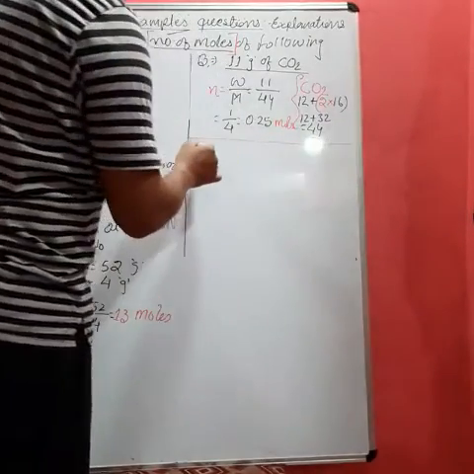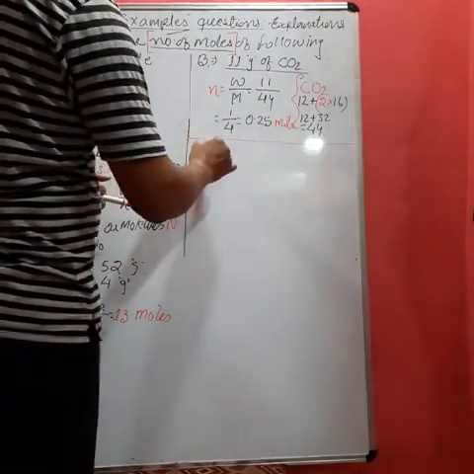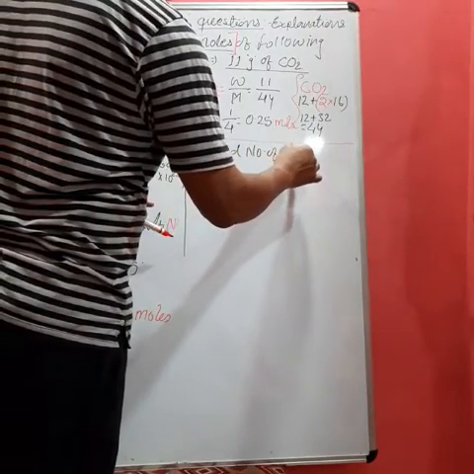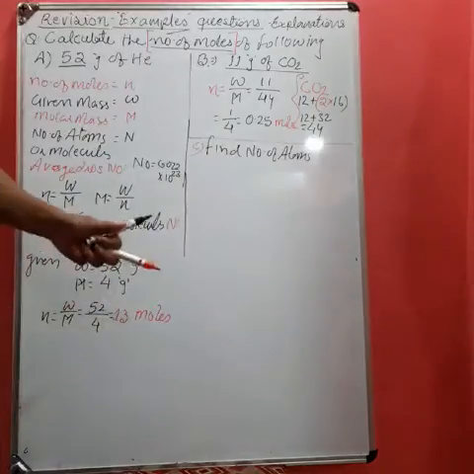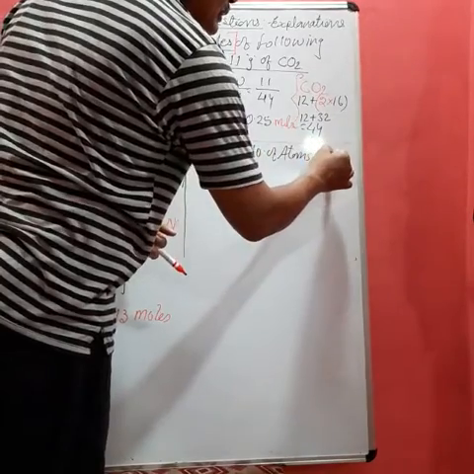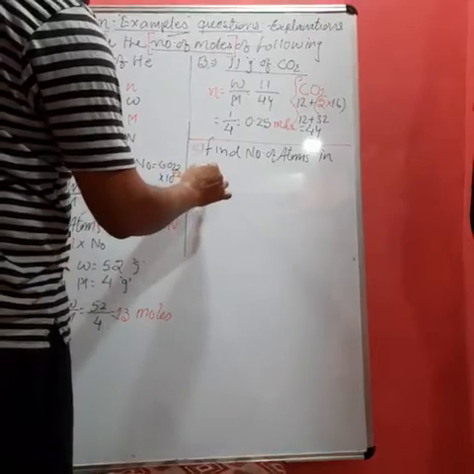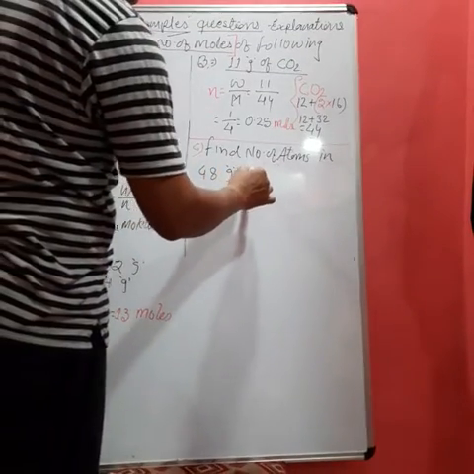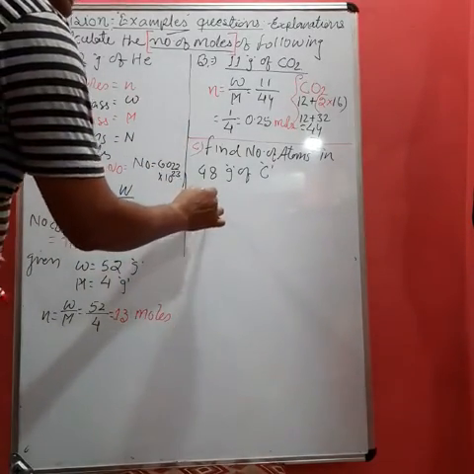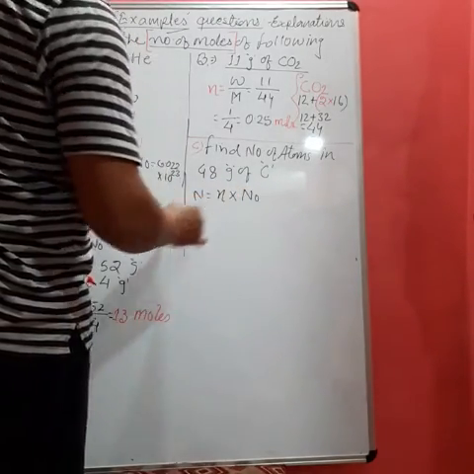Students, one more question is given there, which is related to number of atoms. Find number of atoms in 48 gram of carbon. Okay, so number of atoms denoted by N is equal to number of moles multiplied by Avogadro number.